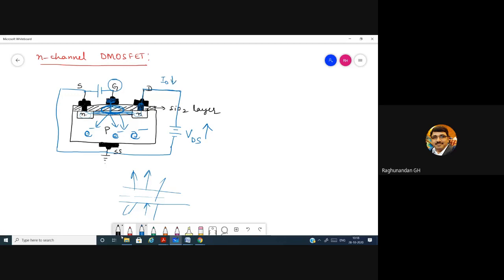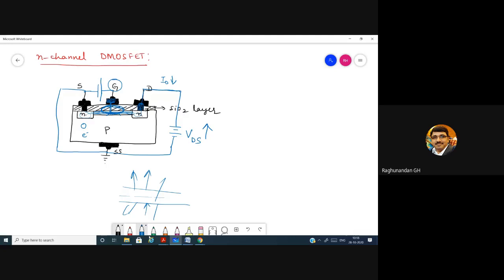Now suppose I connect a positive voltage here, what will happen? The gate will be given a positive voltage. Before that, let me ask: the majority charge carriers here are holes, and the minority charge carriers are electrons.